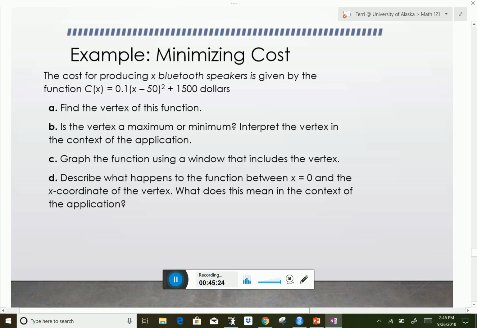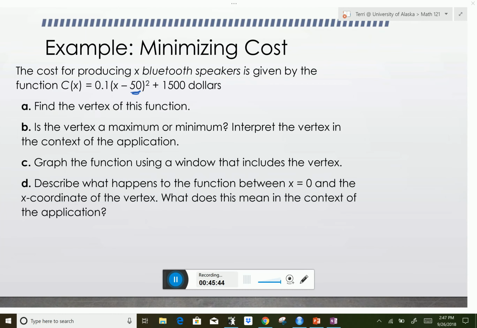So the vertex of this function, if we see that this is in the form a times (x minus h) squared plus k, this is our format.